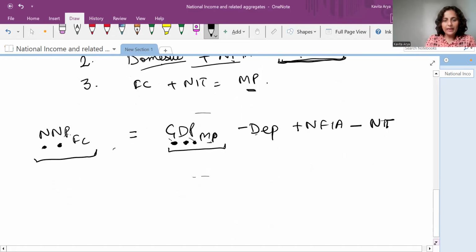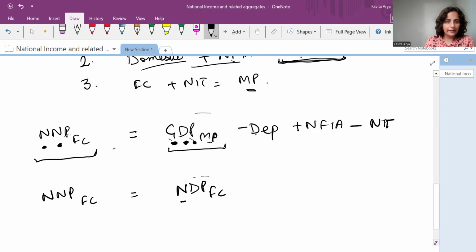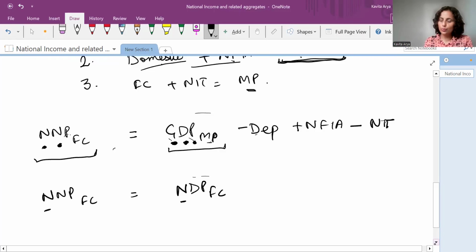Let's begin. We have been given NDPFC and we want to have NNPFC, say. So let us compare. How do we go about it? We have N here and N here, so no difference is required. We have domestic here and we want to convert it into national.